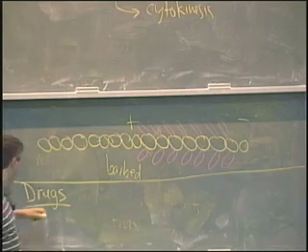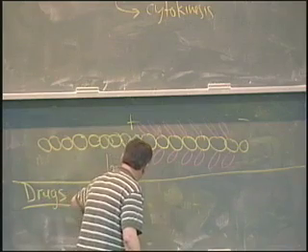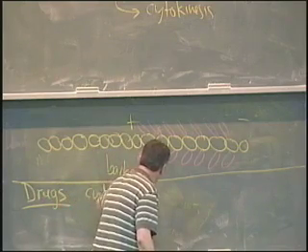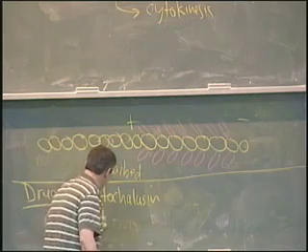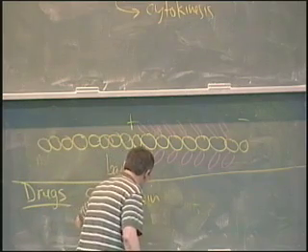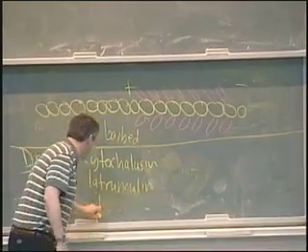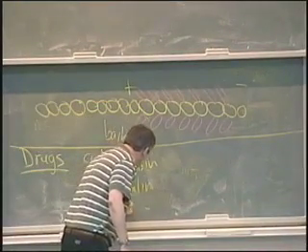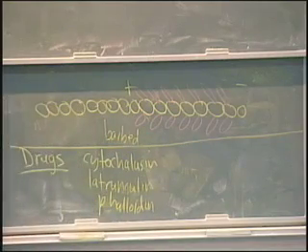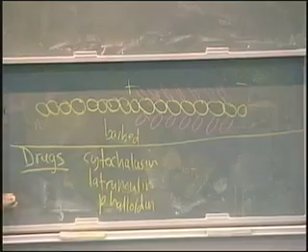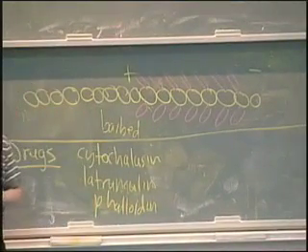We talk about cytochalasin. We talk about latrunculin. And we talk about phalloidin. These are all natural products that come from sponges and mushrooms and things like that. Each of these drugs has a different mechanism of action.